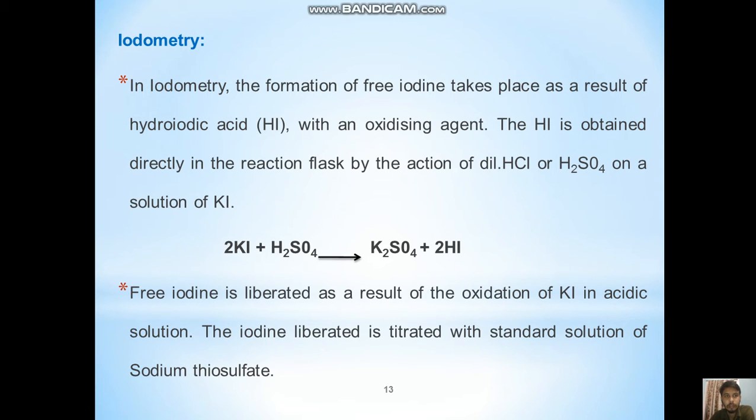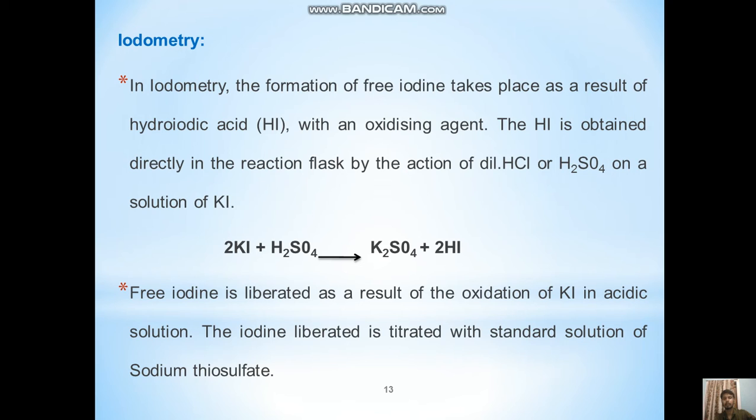Then we have iodometry. So what happens in iodometry? The formation of free iodine takes place as a result of hydrochloric acid with an oxidizing agent, and HI is obtained directly in the reaction flask by the reaction of HCl, or you can take sulfuric acid also, on a solution of KI, potassium iodide.